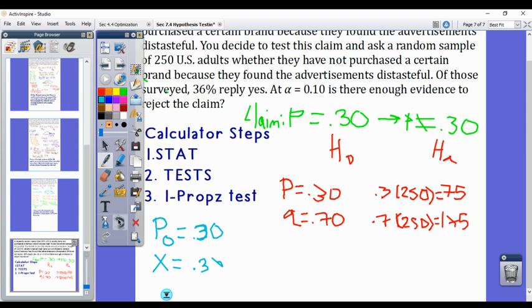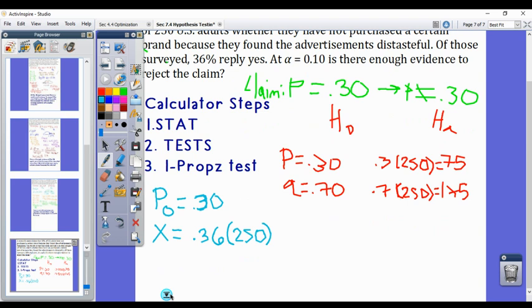So in this case, 0.36. And you're going to multiply that with your total number. So 250. And you can just type that straight in. You don't actually have to do the math before you put that in where X is. Your N is obviously going to be 250 in this case.